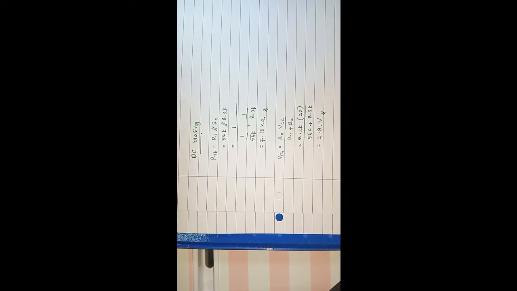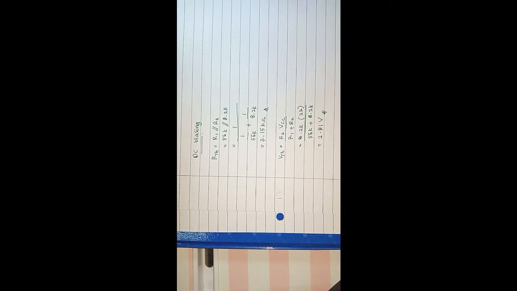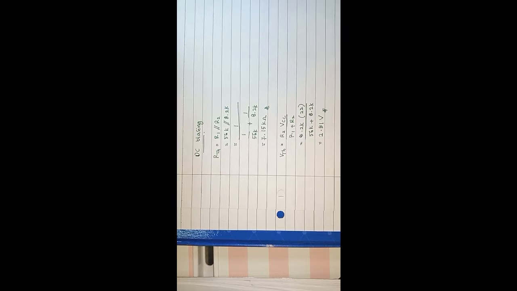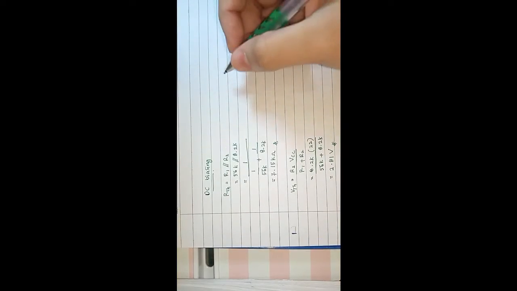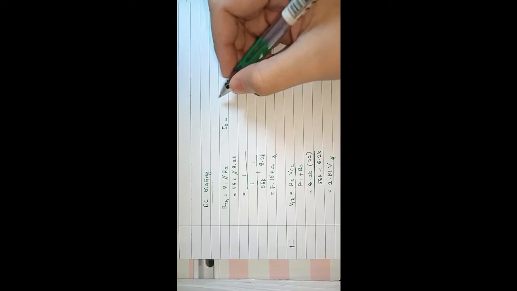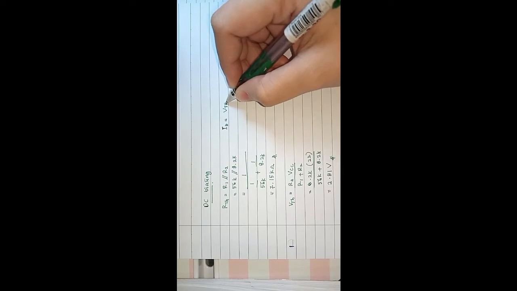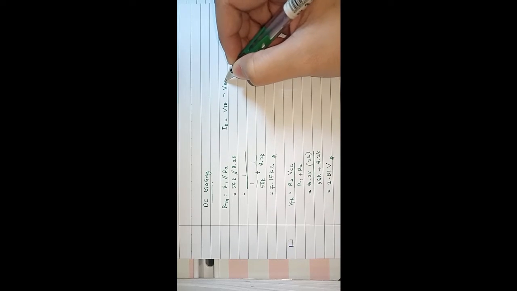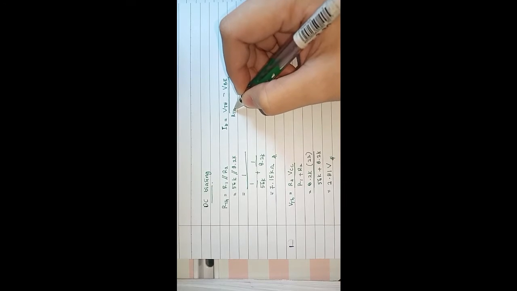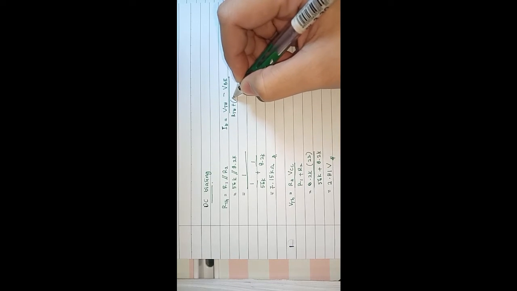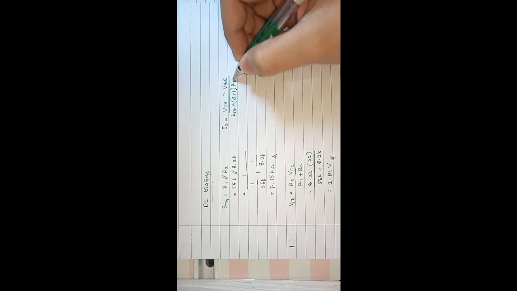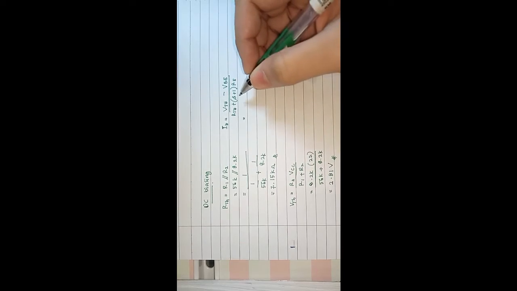Okay, so when we have the R Thevenin and V Thevenin, we can find the value of IB. To find IB, it is equal to VTH minus VBE over RTH plus beta plus 1 times RE.